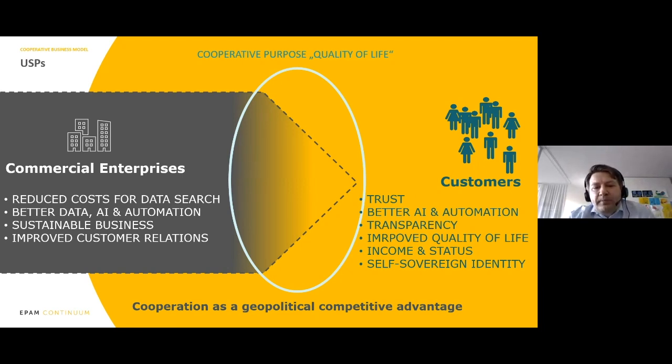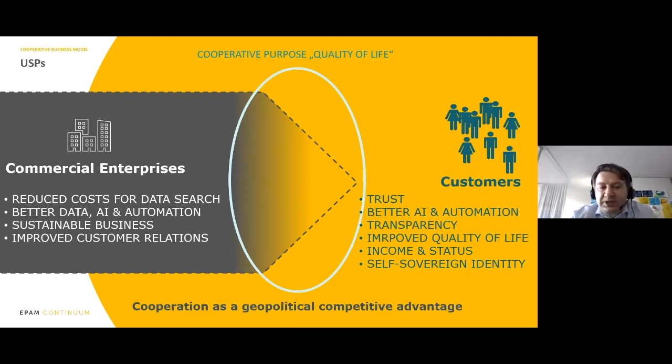On the customer side, you will have trust because I'm controlling my data flow at any time, and the whole cooperative belongs partially to me. So I'm also driving the governance. Therefore, there's trust. I give more data, and with better data, you have better possibilities of artificial intelligence and automation.